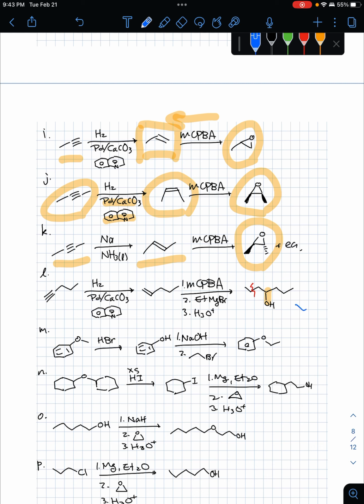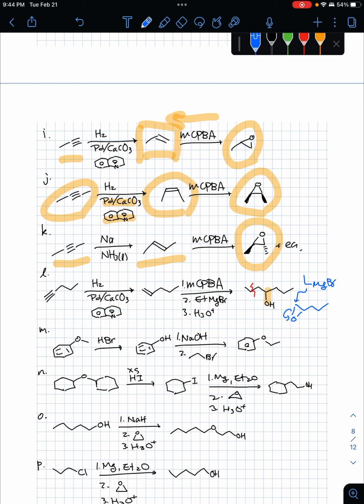We've seen that in a number of these problems, right? So if we have this epoxide, and if we have an ethyl Grignard, that will open the epoxide ring right here, and after the acid workup we get to the desired product. So that's the idea here.